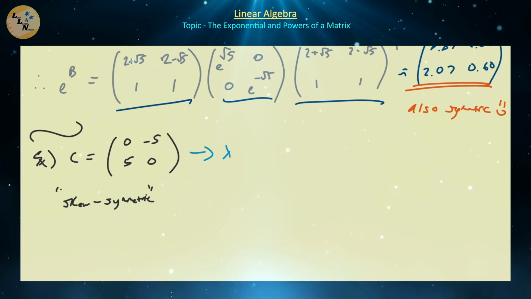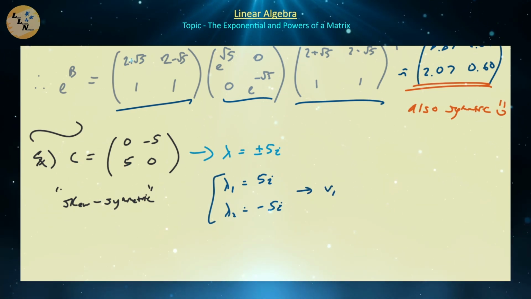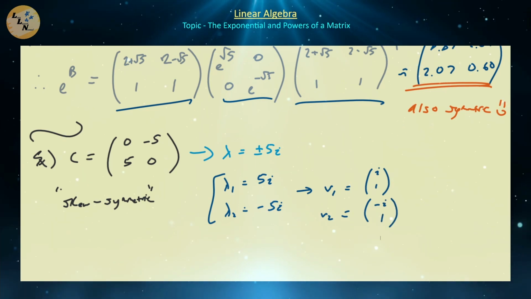So our eigenvalues are going to be equal to plus or minus 5i, complex eigenvalues, but that's not a big deal. So lambda 1, let's say, is going to be 5i. Lambda 2 is going to be equal to minus 5i. And we're going to have some eigenvectors, v1 and v2, which come out, up to scalar multiples, to i, 1, and its conjugate, minus i, 1.